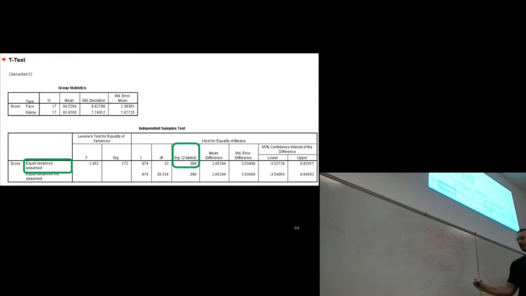So we need to take that 0.388 and divide it by 2, and that'll give us our final p-value of 0.194. SPSS gives you 2 tails, so you have to take those 2 tails and divide it by 2, throw one tail away if you're doing a one-tail test like we are right here.